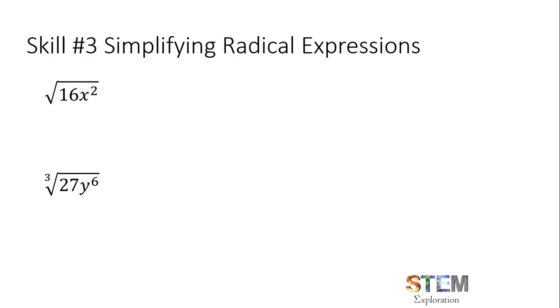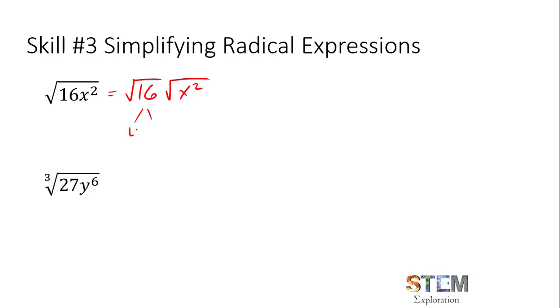So let's look at a couple examples on how we can simplify radical expressions so that you can apply this context. Again, the same situation here is if I'm looking at a square root value like 16 and x squared, the only difference is now that we have a variable present, we just have to split these two pieces apart. If it's easier for you, you can split it into 16 and x squared and take the square root of those.